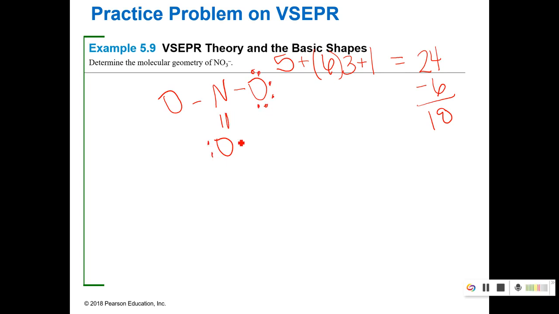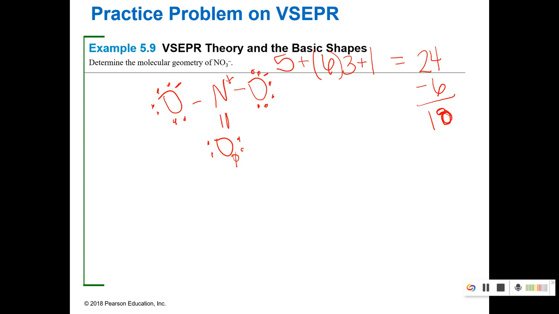Okay. I'm going to double bond this one because if I put 18 around the whole thing, then I've used them all, and nitrogen only has 6. Okay. Remember, on Mastering Chemistry for these, it's going to want you to put the formal charge on the atom itself. So this one is negative. This one is also negative. This one is 0.